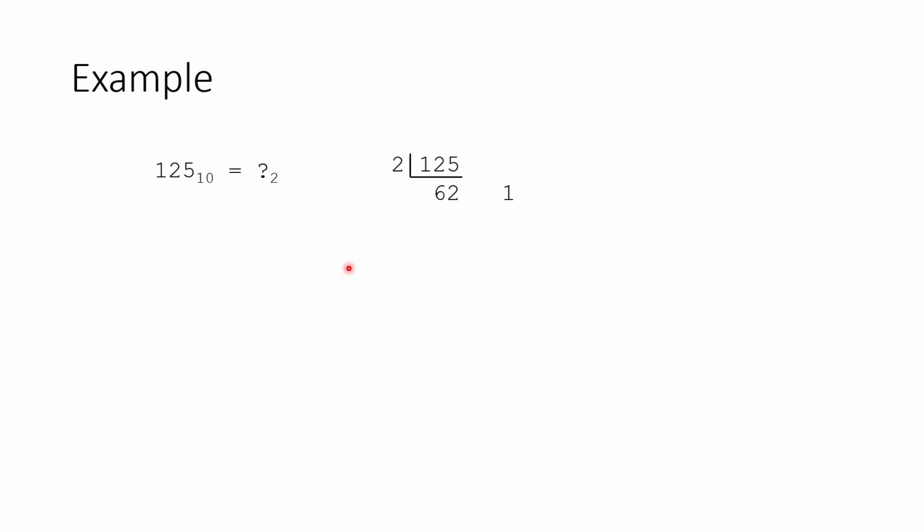Here is an example. You can see 125 is in the decimal form. Now we are converting it to binary. As you can see, we are dividing by 2.